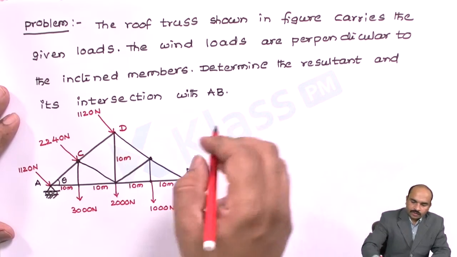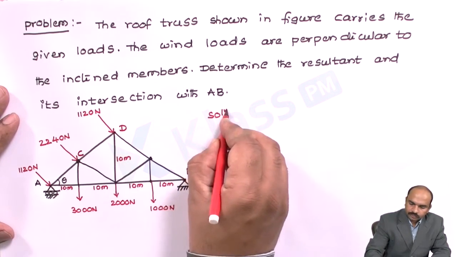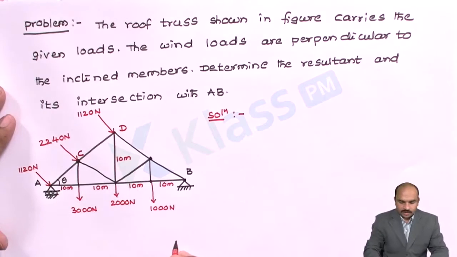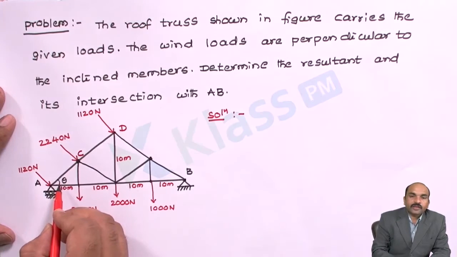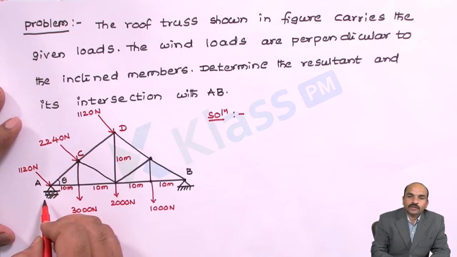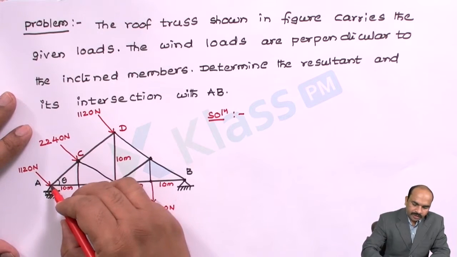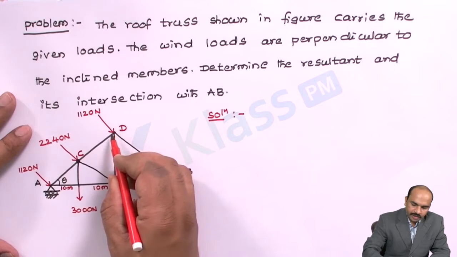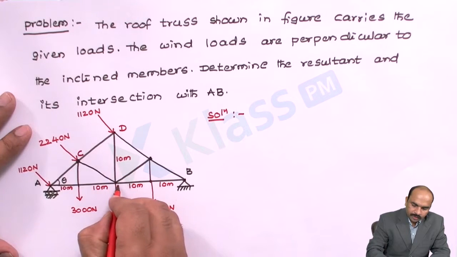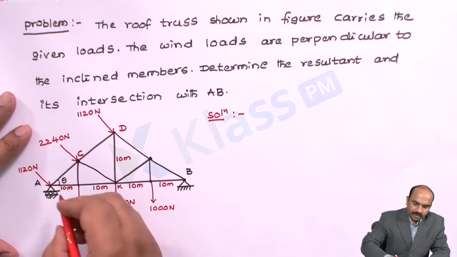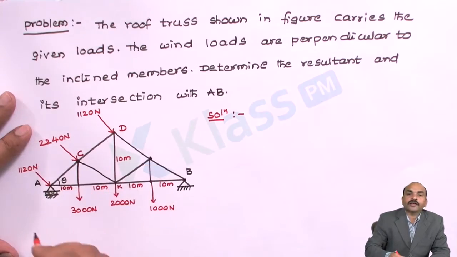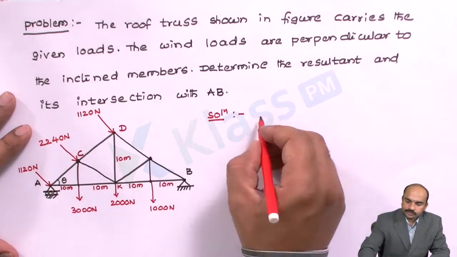So let us solve this problem. First, let us calculate this angle theta with the help of the given values. For that, I will take the triangle AD, and let this point be K. So I will take triangle ADK to calculate theta.